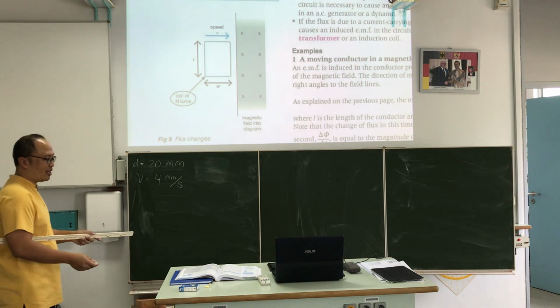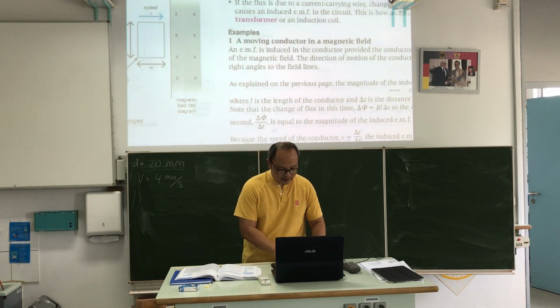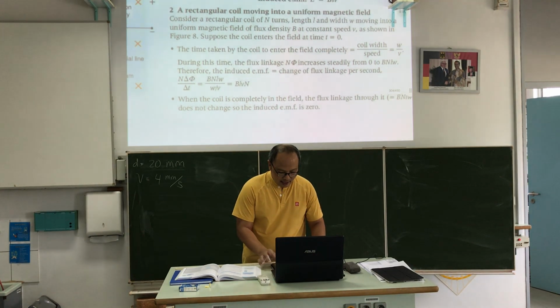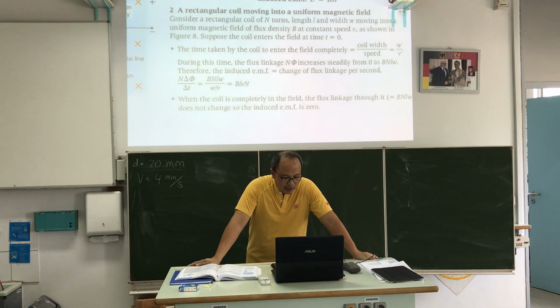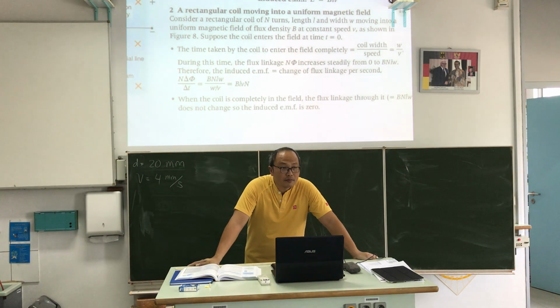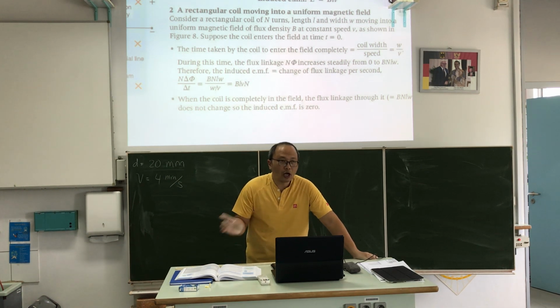Remember, pay attention. Now, we want to read this example first, and somebody read it for us. Jasmine, a rectangular coil moving into a uniform magnetic field. Stop.